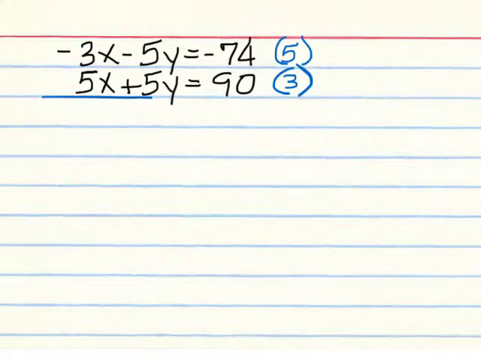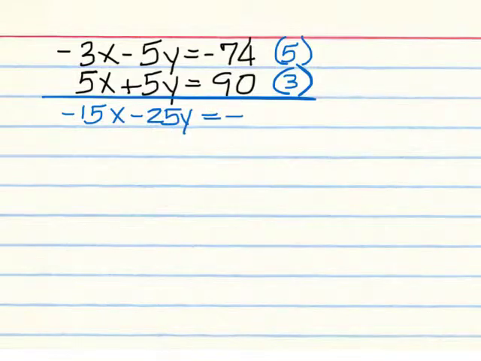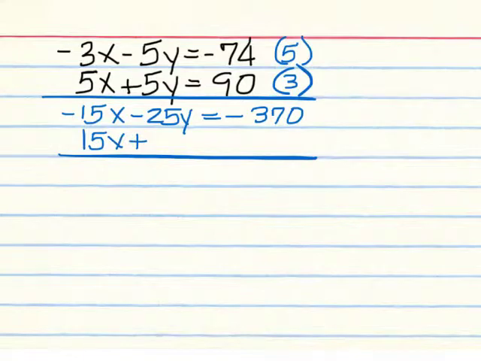When you do that, you should end up with -15x minus 25y equals -370. And on the bottom, you should have 15x plus 15y equals 270. Since you have opposite signs here, that means you must add.